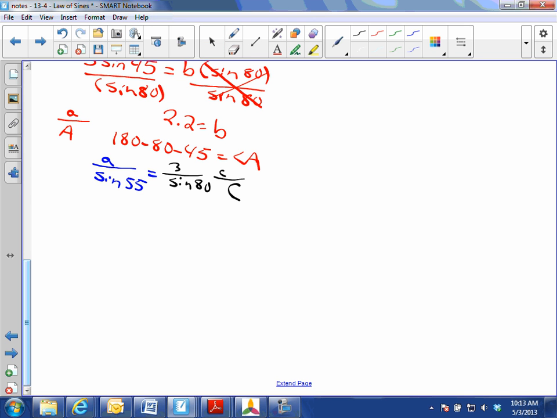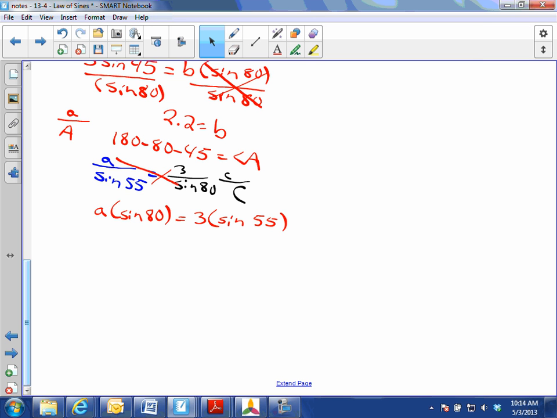Yeah, so what are we going to do now? Because I want to figure out what A is, don't I? Yeah, just cross multiply. So A times sine of 80, and then 3 times the sine of 55. So get A by itself, so just divide by sine of 80.